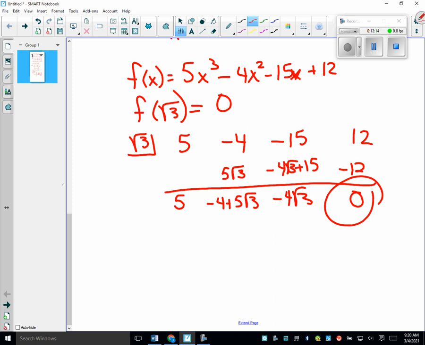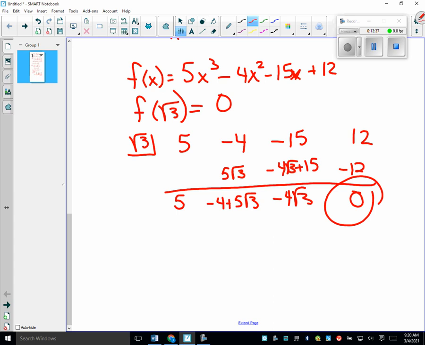Did that make sense to you? No. You can go back and put it in and check it. The first step, we did synthetic division and we got an answer. The second step, we did the exact same thing.